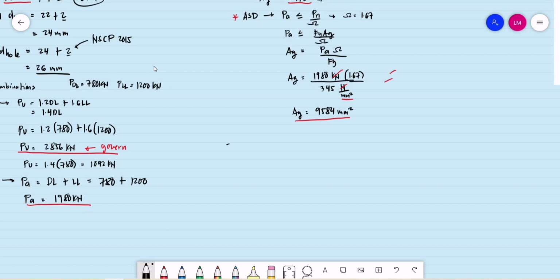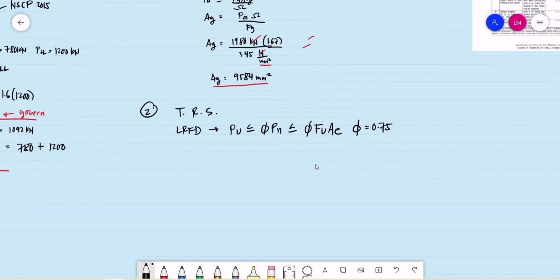For our second consideration, the tensile rupture strength, under LRFD, Pu should be less than or equal to φ multiplied by Pn, or less than or equal to φ multiplied by Fu multiplied by Ae, wherein the value of φ for the tensile rupture strength is equal to 0.75. So how do we compute for this Ae?